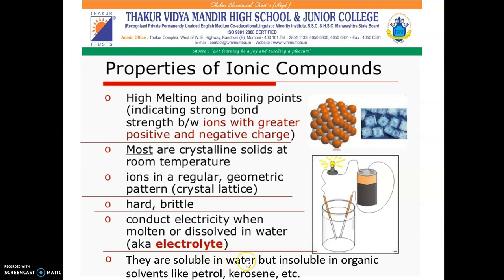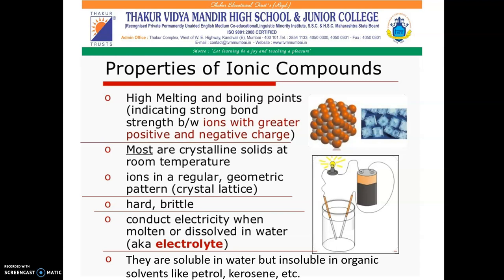And the last property of the ionic compound is that they are soluble in water but insoluble in organic solvents like petrol, kerosene, etc. This is because the water molecules orient in a particular manner around the ions separated by the dissociation process.